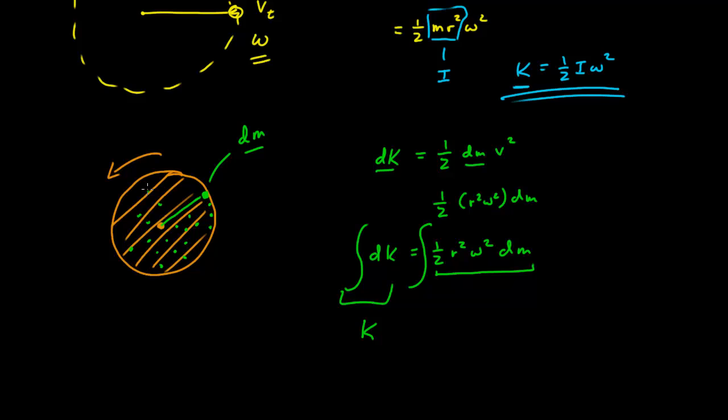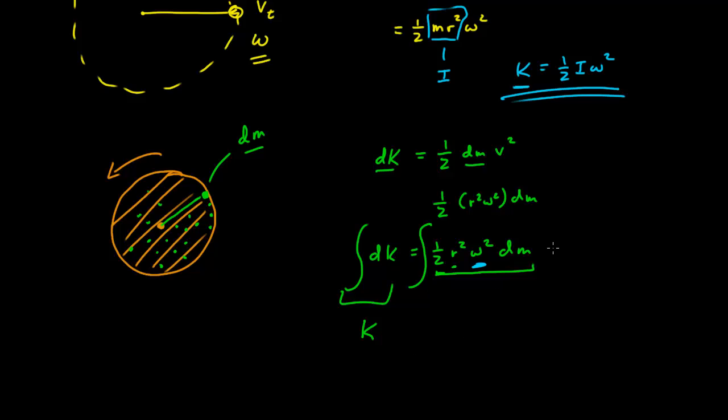For each mass, of course 1/2 is a constant, but each mass is going to have a different r squared. However, each mass has the same omega squared. So I can pull the omega squared and the 1/2 out of this sum.